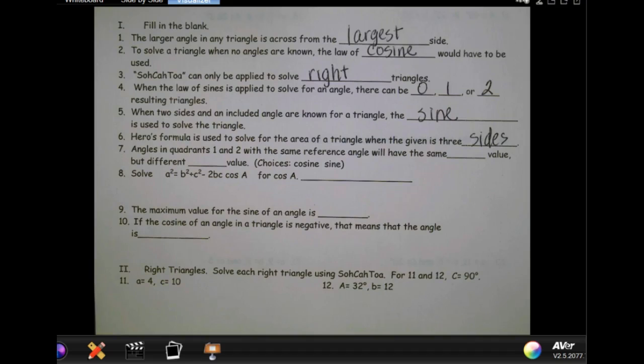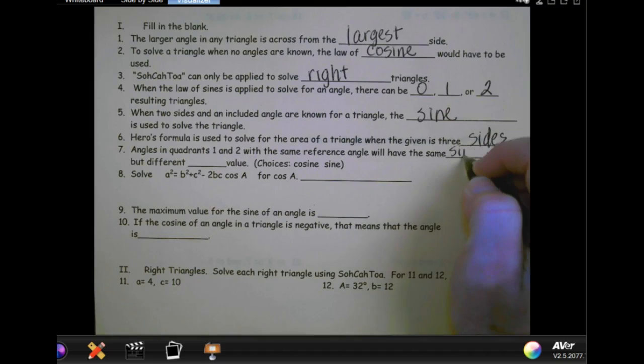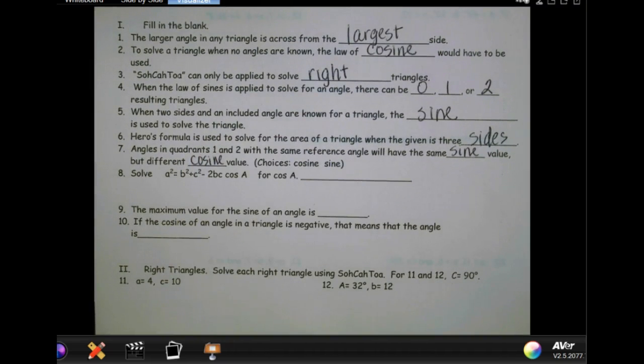Angles in quadrant 1 and 2 with the same reference angle have the same blank value but different blank value. They have the same sine values but different cosine. It's the circle.